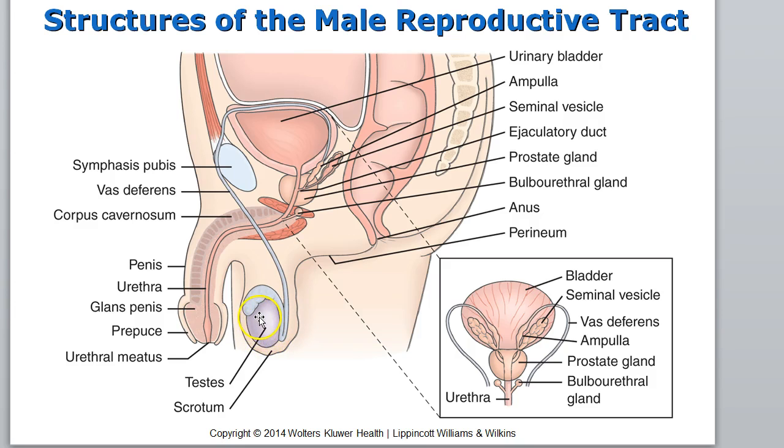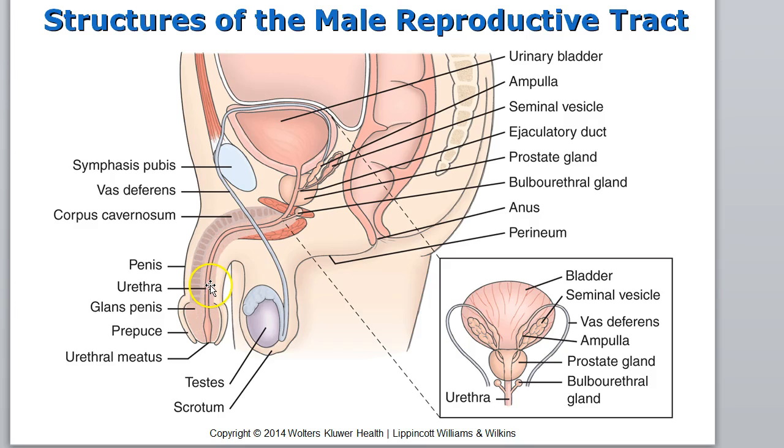So, to remind you, sperm travels out of the testis to the epididymis through the long vas deferens and will connect to what we call seminal glands. Those seminal glands produce the semen, which is the fluid that mixes with the sperm. The semen travels through the prostate gland and out to the penis.